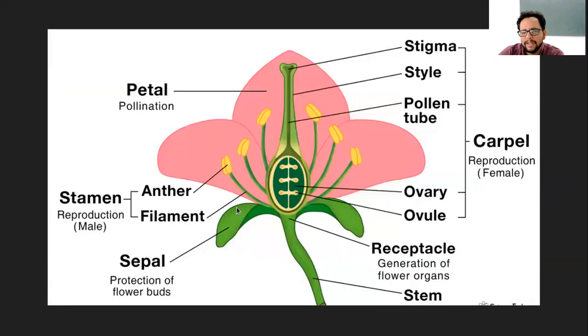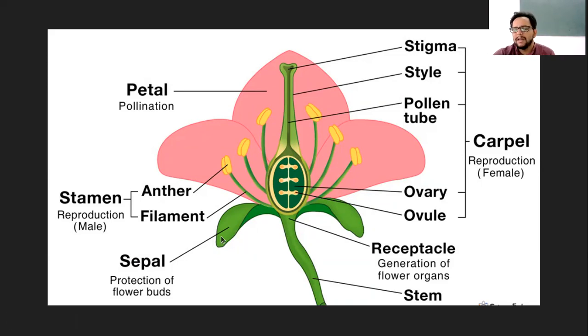So if I show you in this diagram, these ones which are present below the flower and above the stem or the pedicel, they are called sepals, and their function is specifically to protect the flower buds when they are at a very young stage. You would have seen this commonly, especially in the rose. When the rose is in the form of a bud, you will see the sepals have covered the whole of the bud, and as and when the flower blooms, the sepals separate and form the base of the flower.